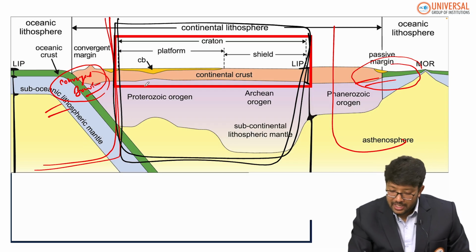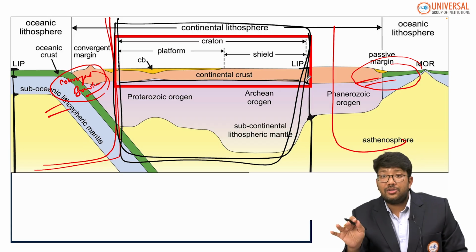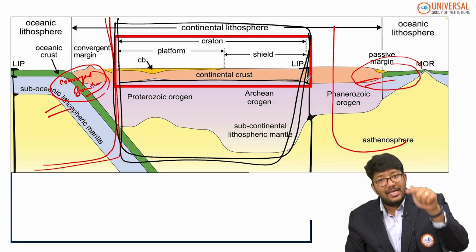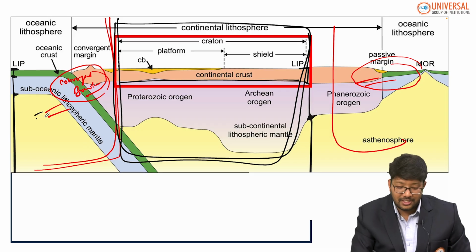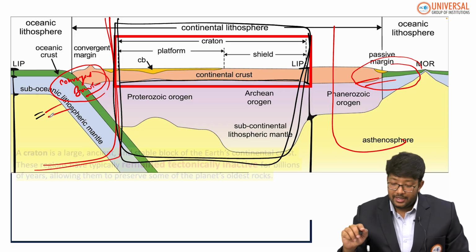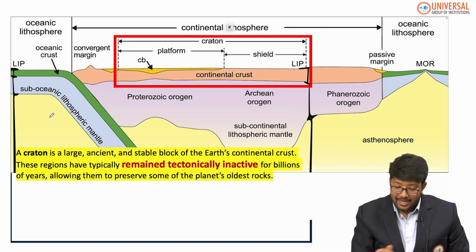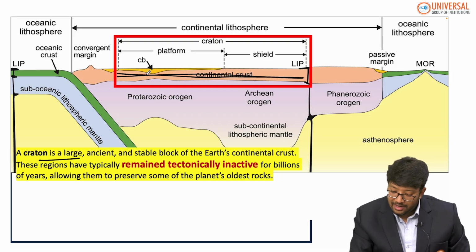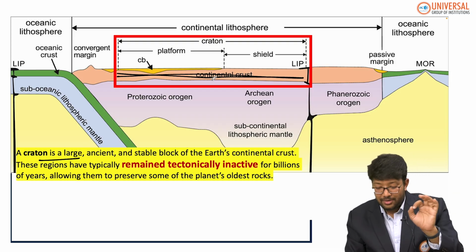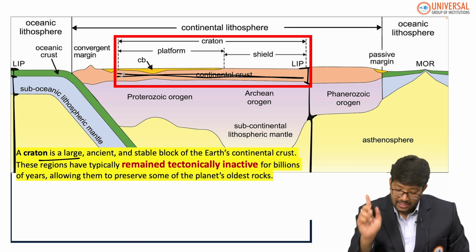Don't you think this particular area has been untouched for billions of years? Neither is it taking part in a divergent plate boundary, nor in a convergent plate boundary. So basically we can say that a craton is a large ancient stable block of Earth's continental crust.